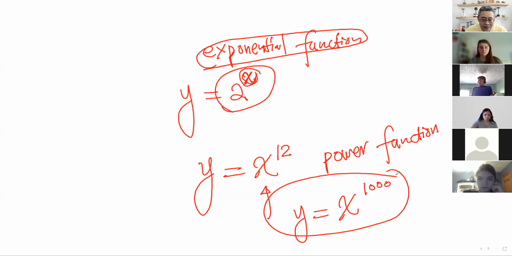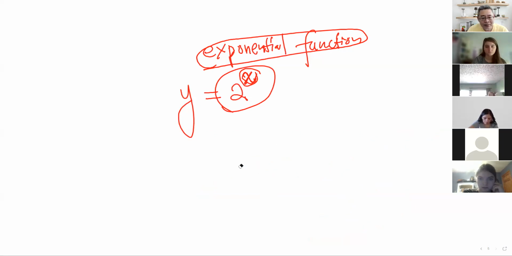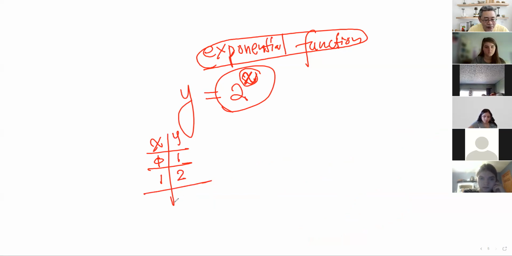Okay, and if you want to plot the function, we just make a table. When x is 0, of course, y is 1. When x is 1, y is 2. When x is 2, y is 4.